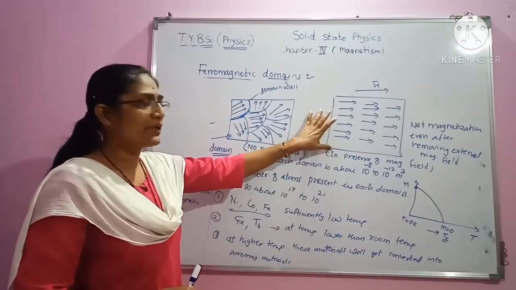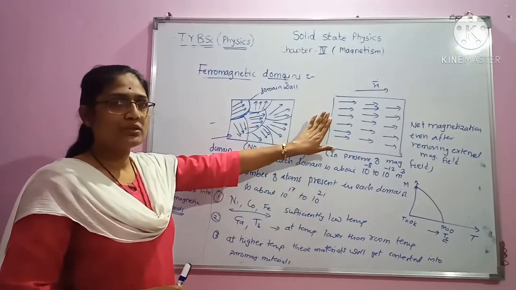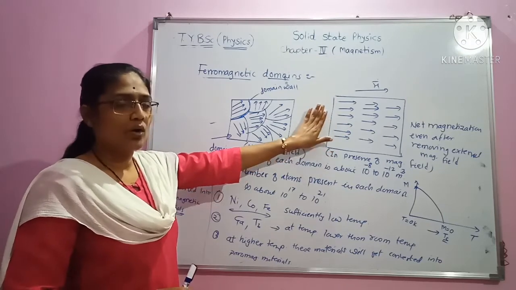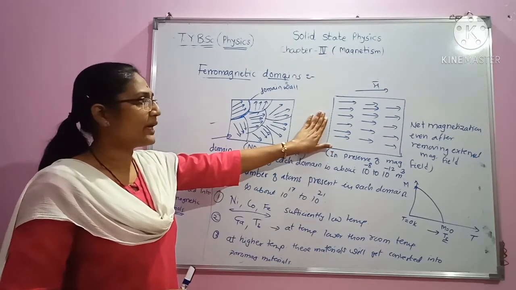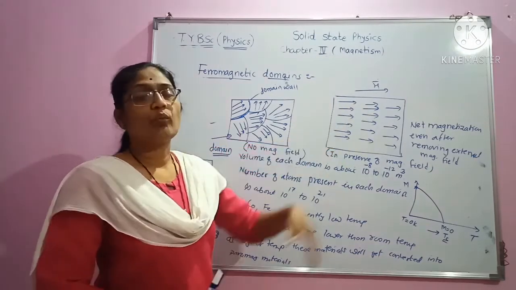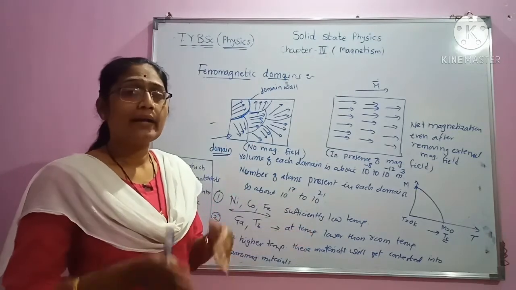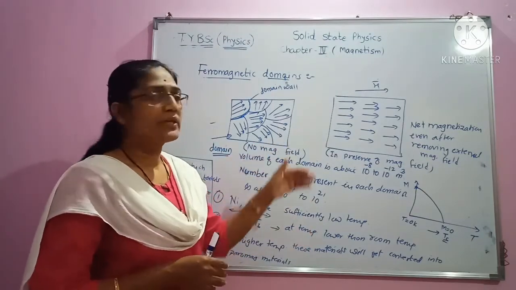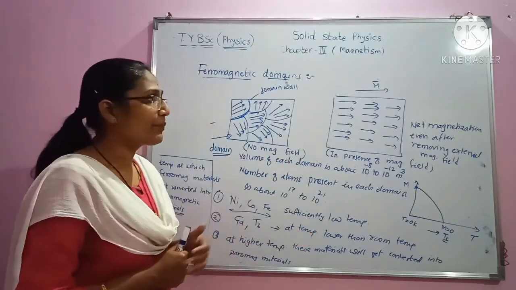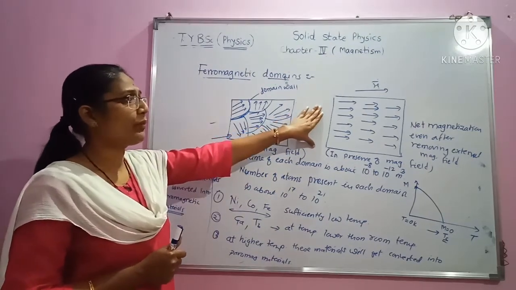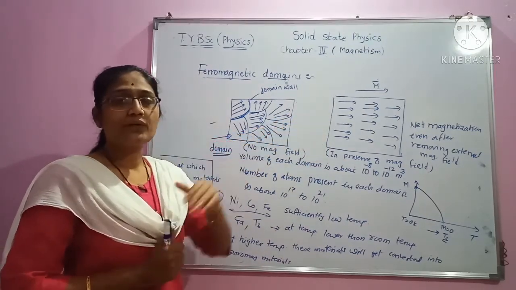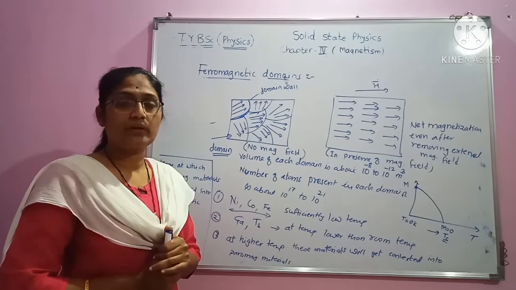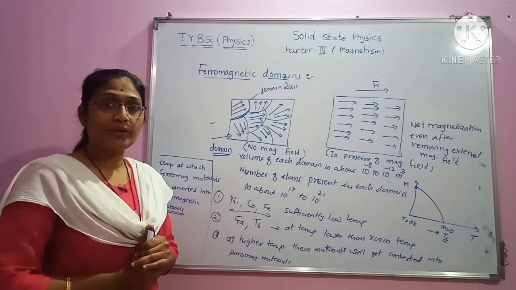But as we increase the temperature applied to these magnetic materials or ferromagnetic materials, then the alignment of the domain will get destroyed and hence they will lose their magnetization. The temperature at which the ferromagnetic materials get converted into paramagnetic materials is called as Curie temperature.